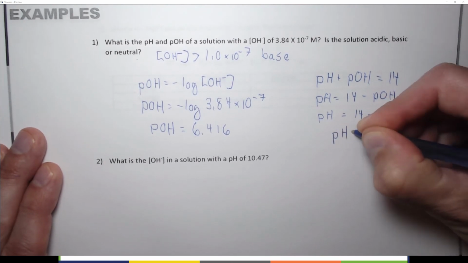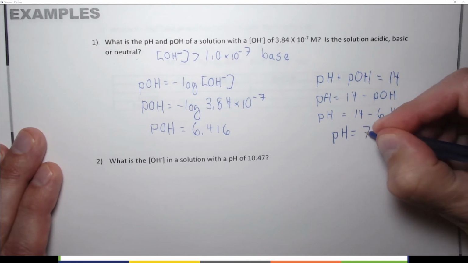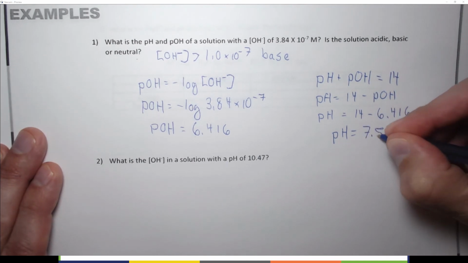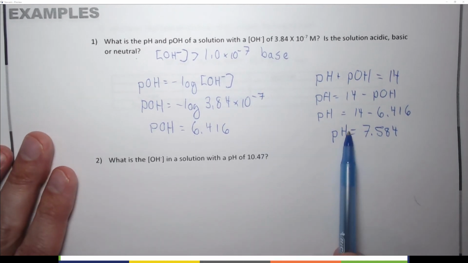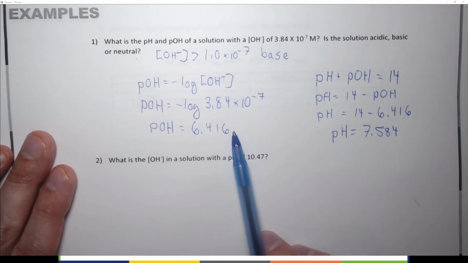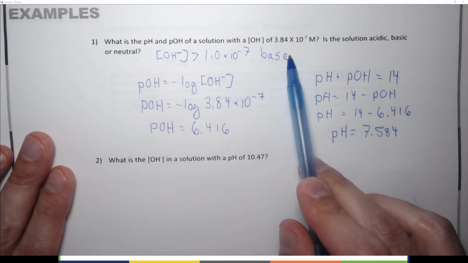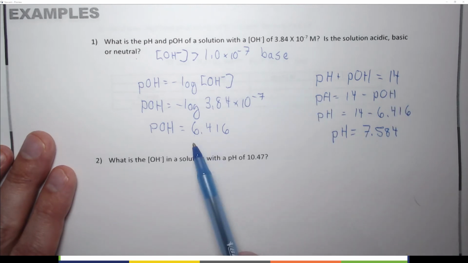The pH is equal to 7.584. Again, comparing the basicity, pH is greater than 7, so it's a base. Or the pOH is less than 7, so it's a base. I like the pH because I'm more familiar with that, but the pOH works as well.